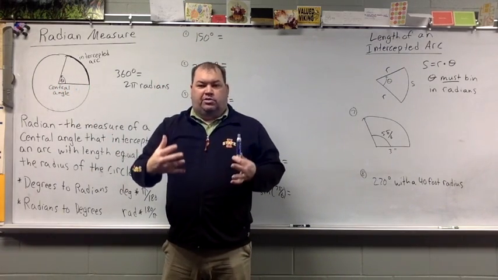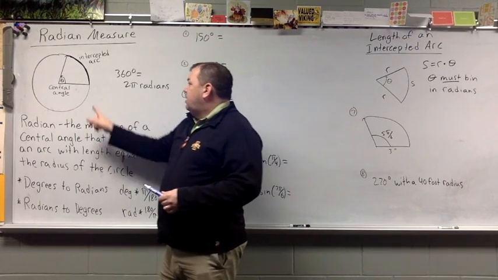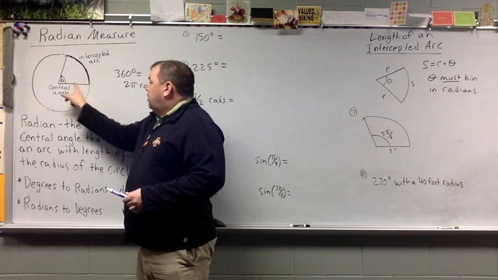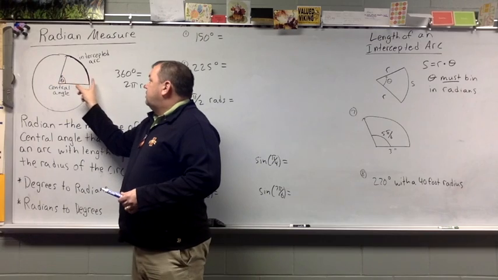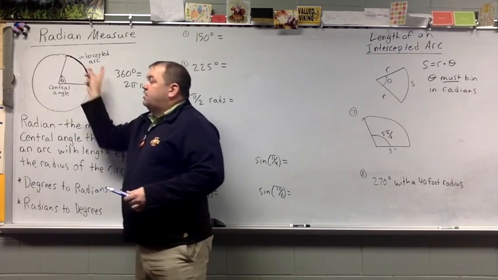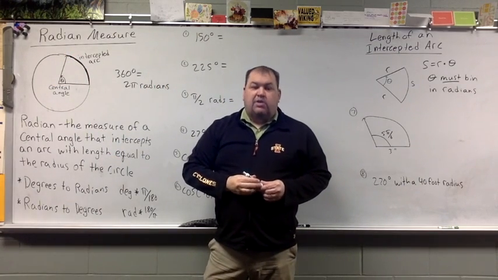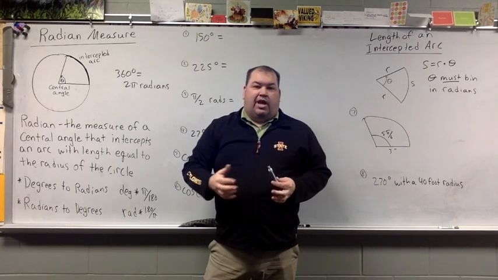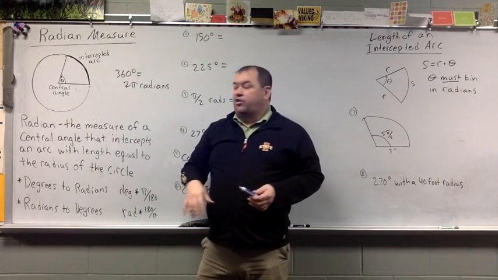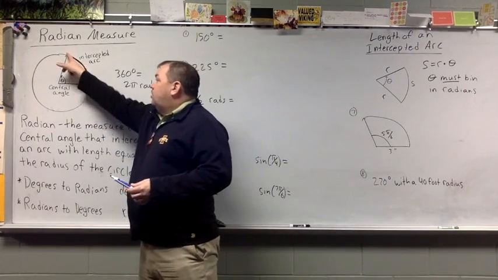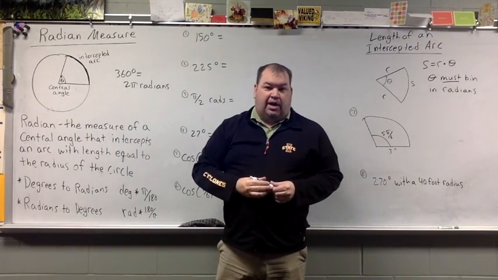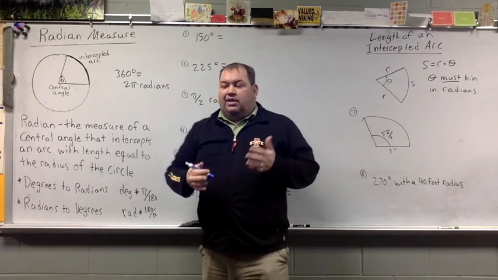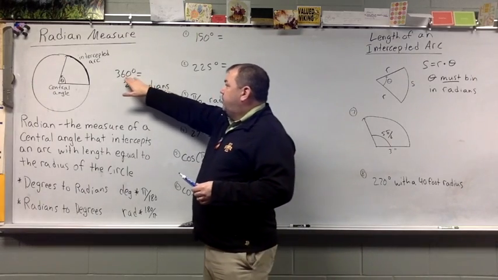Now for our unit circle, which has a radius of 1, whatever this angle is, it is the same as this intercepted arc. So for instance, if I had a certain angle, let's say pi radians, this arc would also be pi radians. Now, let's talk about the ratio we're dealing with here.